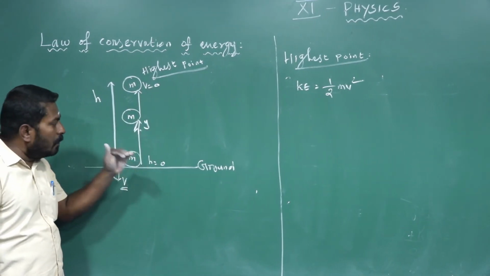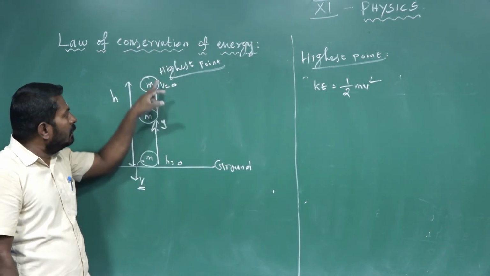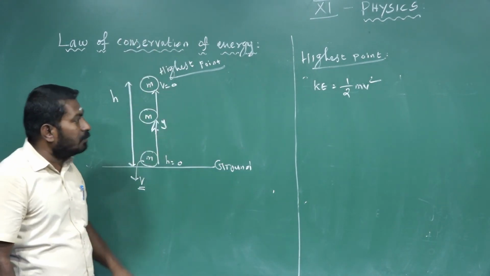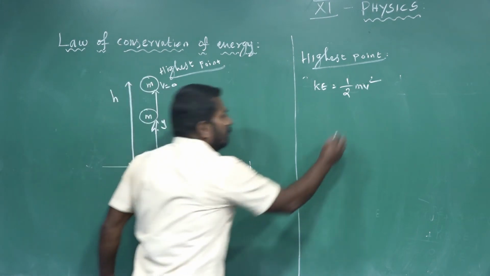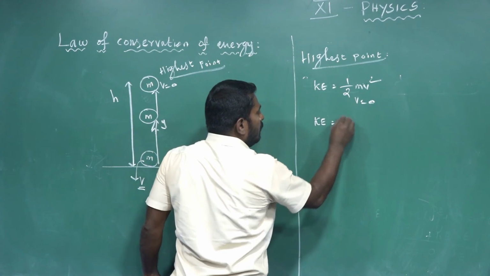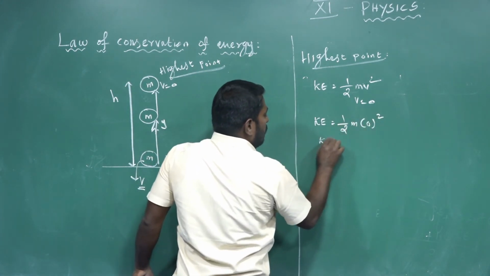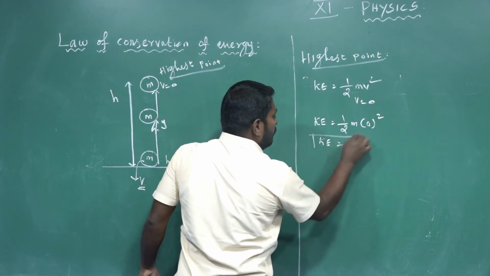If any body is thrown vertically upward and reaches a maximum height, the velocity of the object is 0 at that instant of time. V is equal to 0. Then the kinetic energy possessed by the body of mass m with V value 0 is equal to 0.